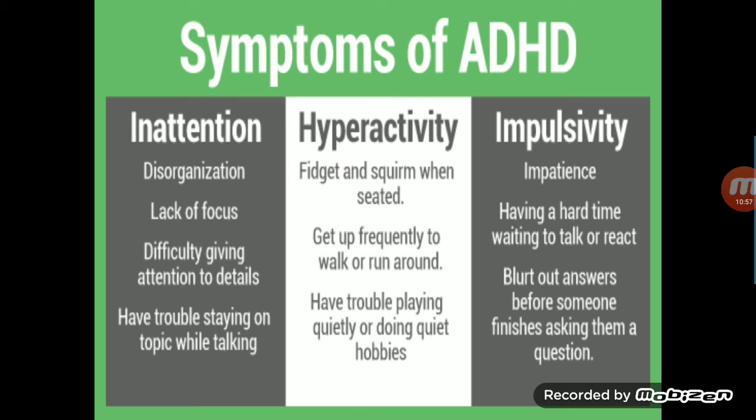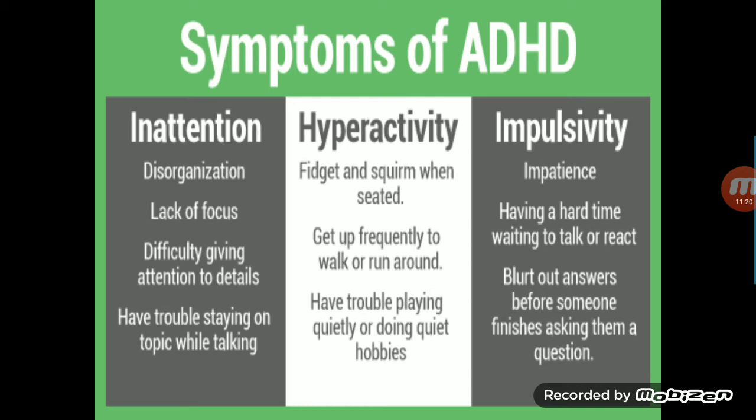And the next one is impulsivity. In impulsive behavior, we can see that the child will be very impatient for everything. For every task that you give, the child will not be able to complete it, because they are very impulsive, and because of that their patience level is very low. Also, they will have a hard time waiting to talk or react.